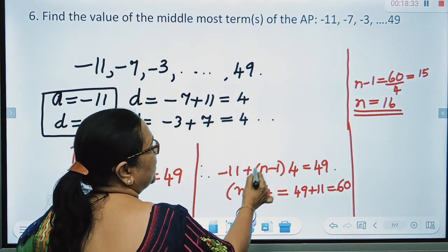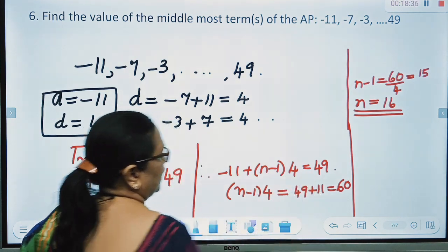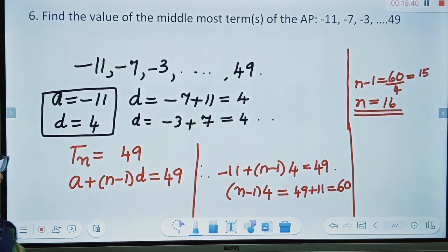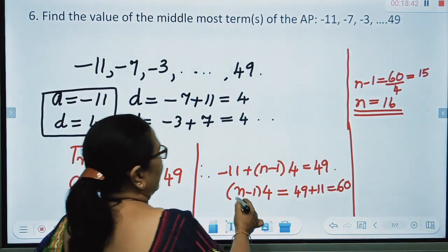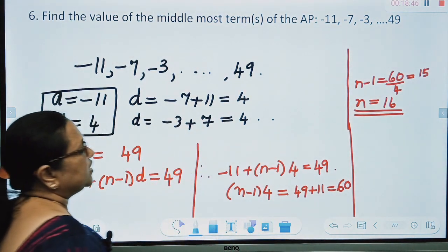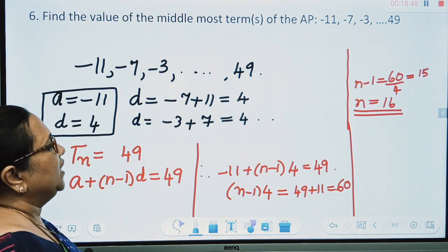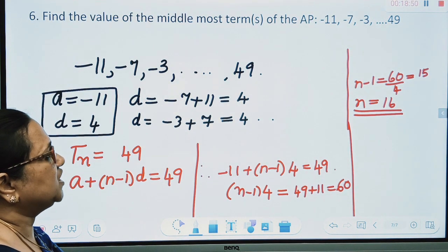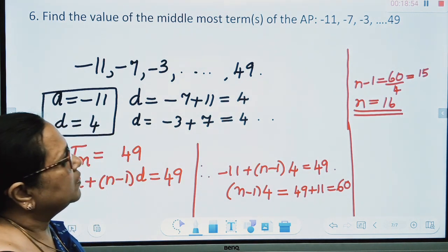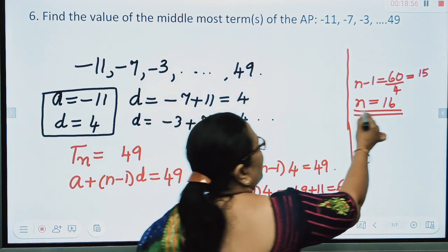So, minus 11 plus n minus 1 into 4 is 49. I have used the formula A plus n minus 1 into d for the nth term. That gives me n minus 1 into 4 equal to 60, or n minus 1 equal to 15. Okay, so which means n is 16.